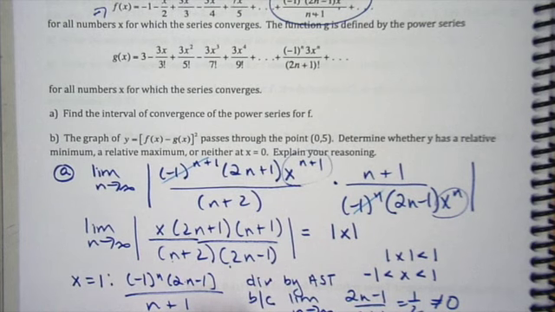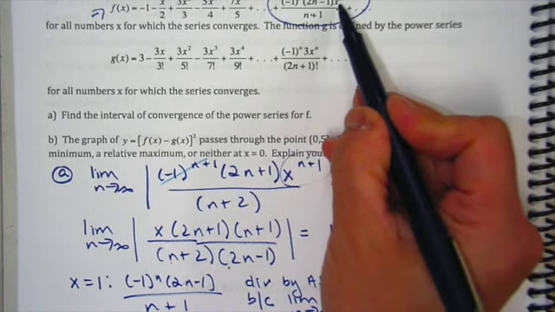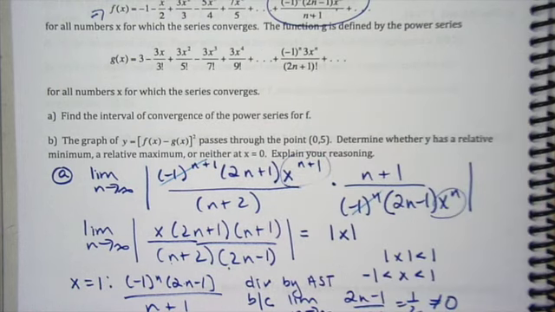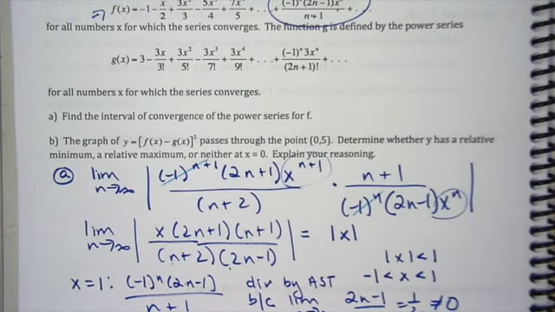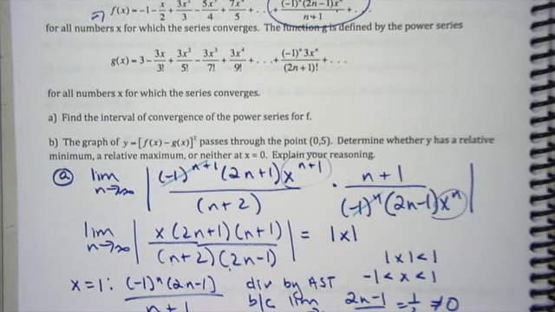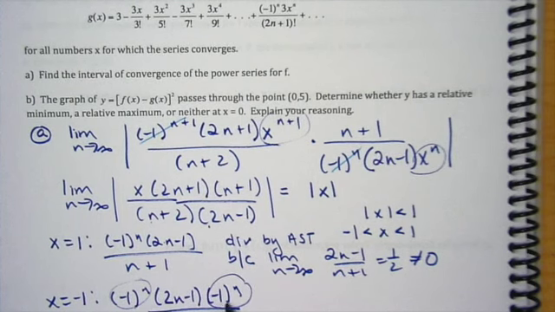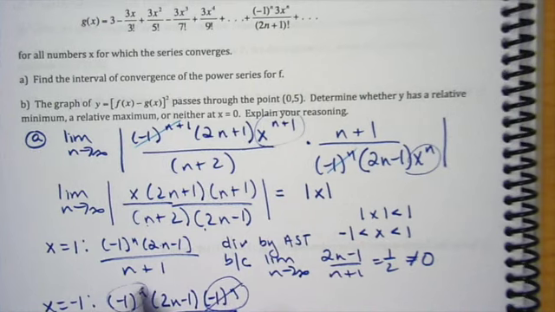Let's do the same thing with -1. Okay? So I'm going to go back to here and I'm going to plug in -1 for x. So let's write the whole thing. Now, if I do this, -1 to the n, -1 to the n, you can add exponents, so this is really -1 to the 2n, which is always 1, so this really is this.